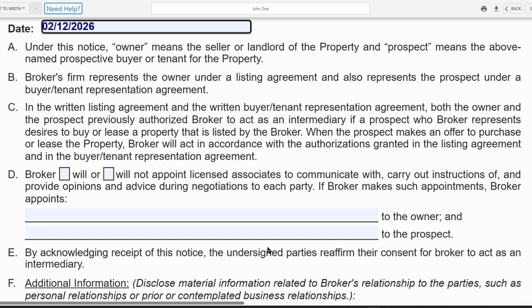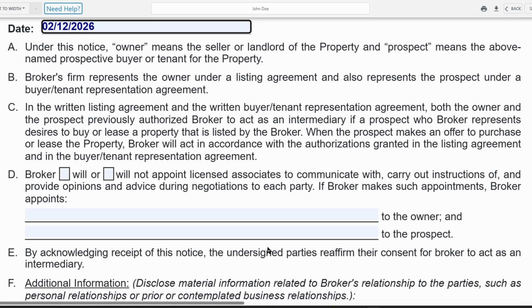The broker has to stay impartial. The broker cannot use what she knows to assist either side in an unfair way. A broker cannot be appointed to a side. So, as a broker, say my listing, one of my agents brings a buyer into the office for my property.